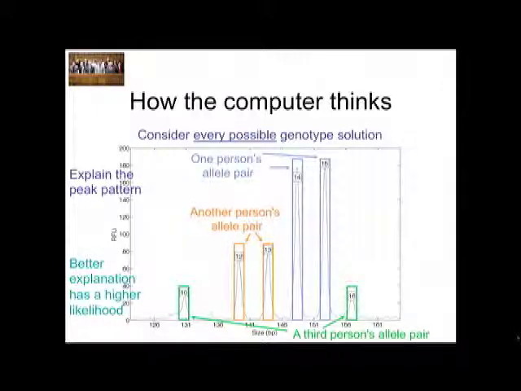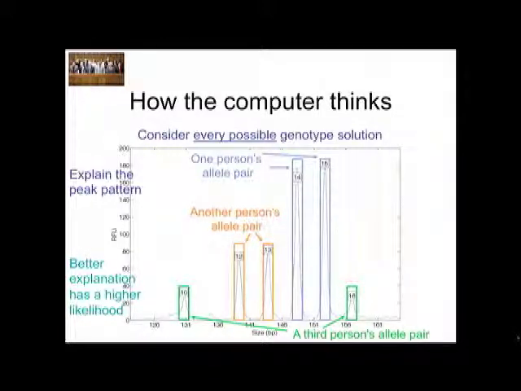So here we see in blue one person's allele pair, the tallest pair of alleles, a 14 and a 15. At the next level down, we see another person's allele pair in orange, and that's a 12 and a 13. Further down in green, we see a third person's allele pair, 10 and 16.